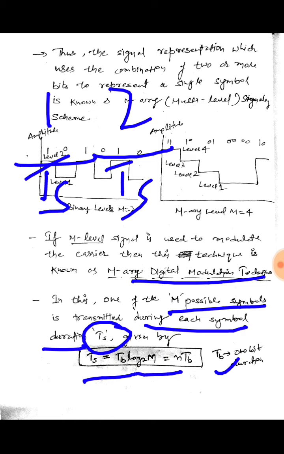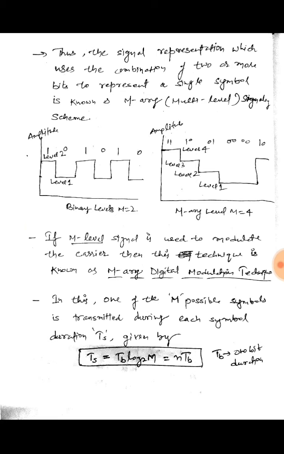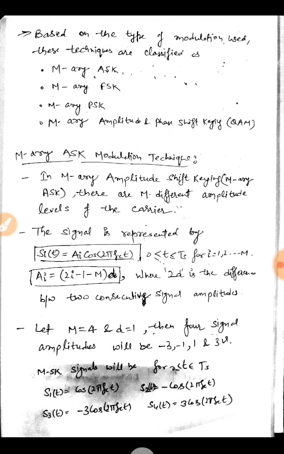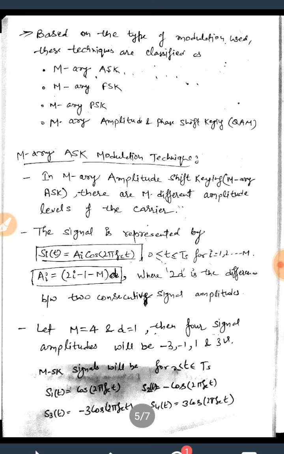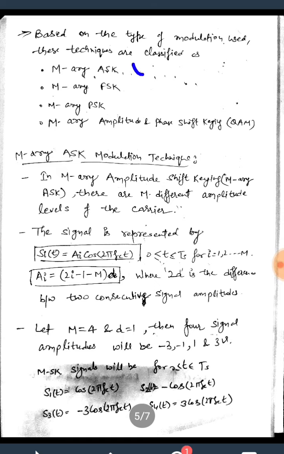Tb is the 1 bit duration, and n is the number of bits to represent the symbol. So this is how we will do M-array signaling.